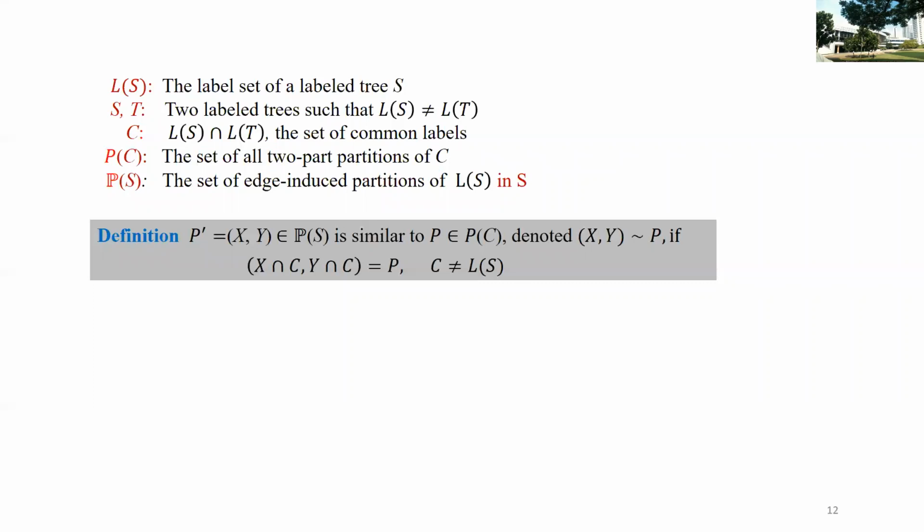To introduce the bark distance between the two trees, we need to define the similarity relationship first.